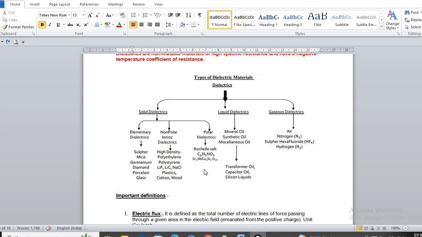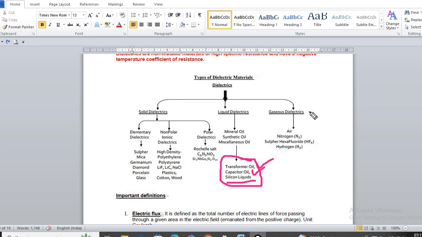Whereas for liquids, there are mineral oils that act as dielectric materials. One of the important things for different electrical applications: the transformer oil, the capacitor oil, the silicon liquids are very good liquid dielectric materials. In a number of electrical cases we need to use this.